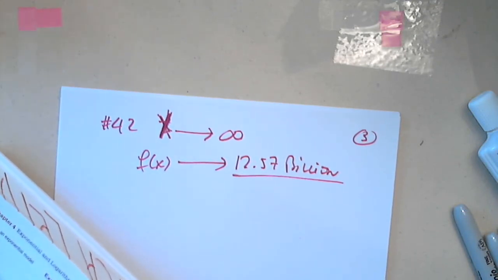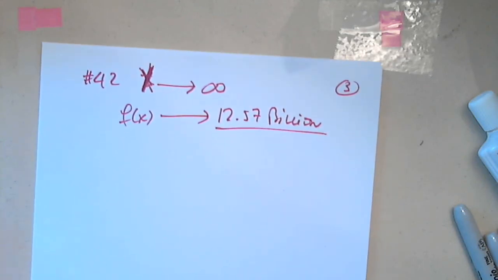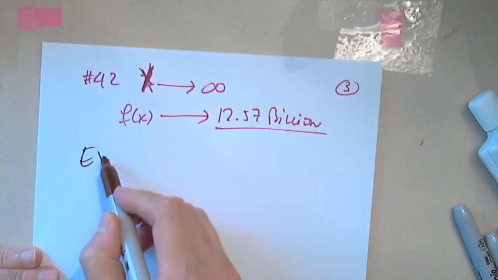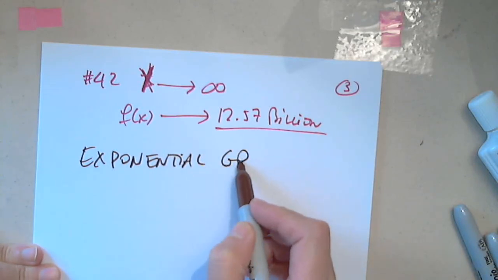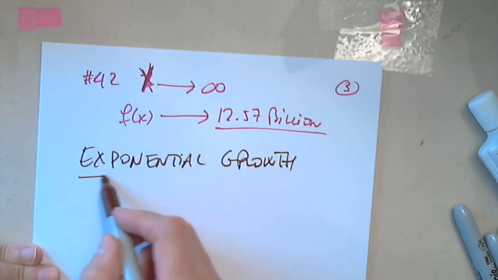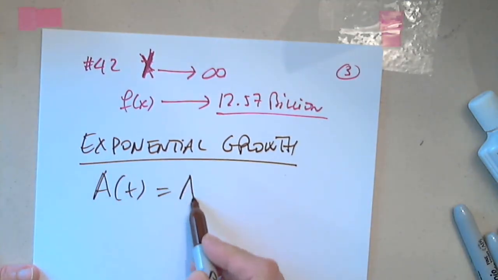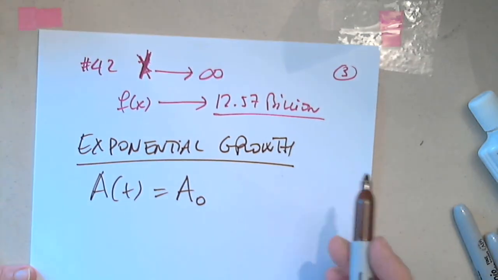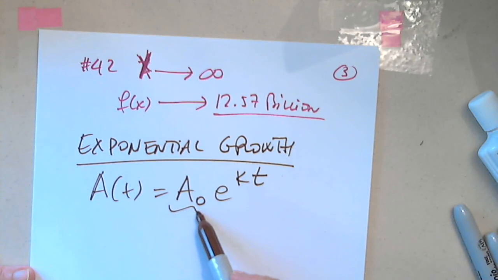Okay, so now we have two more models. Exponential growth. And this is the amount at time t equals the initial, the starting point, times e to kt. This is the initial.